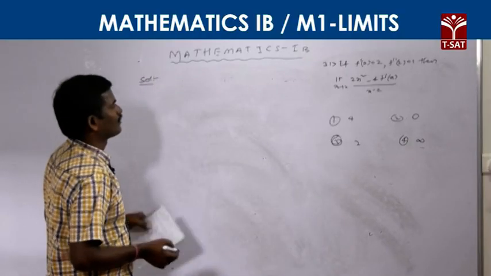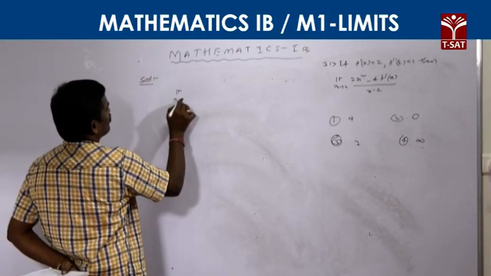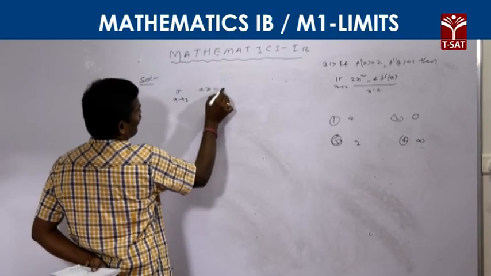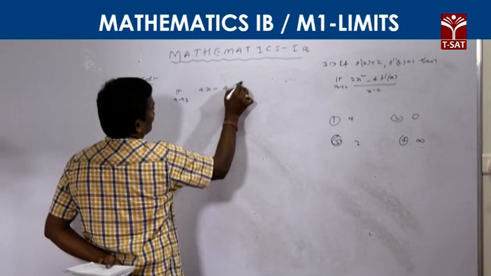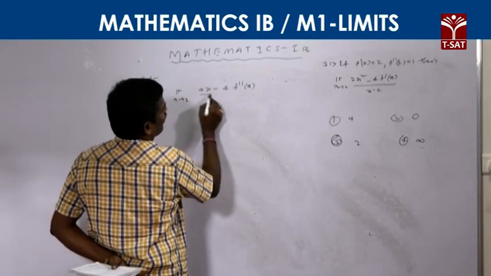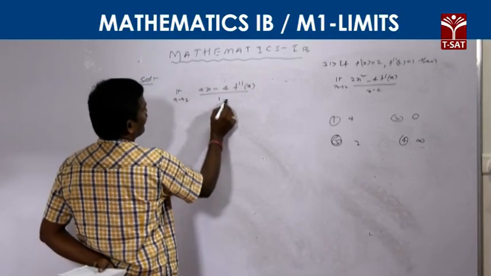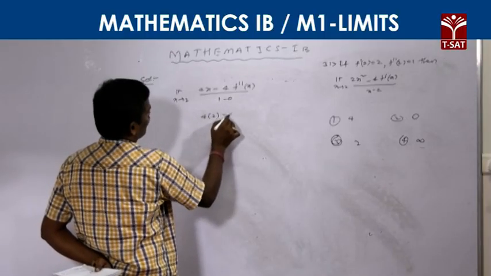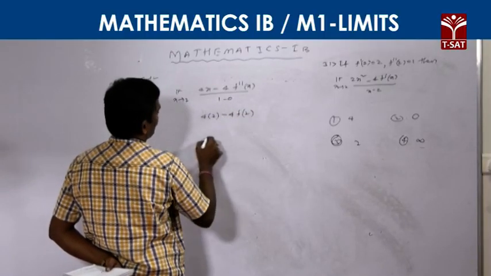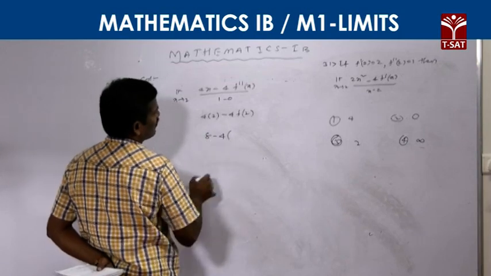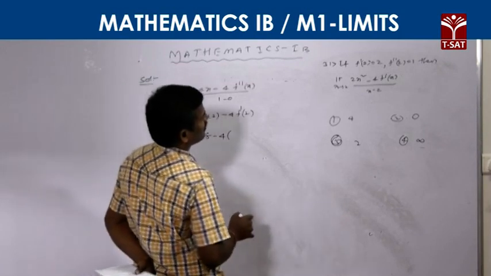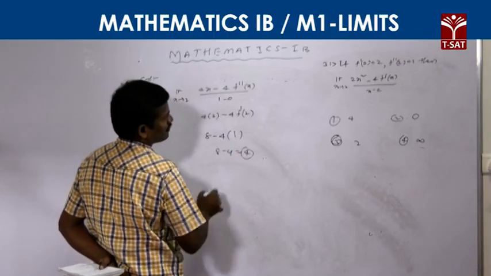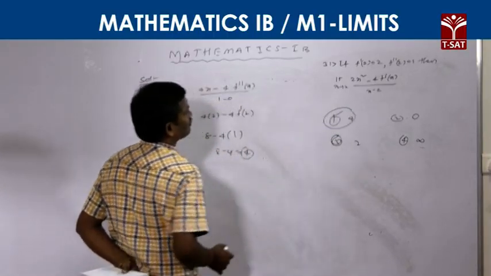Here also we can use L'Hospital's rule. The limit as x tends to 2, the derivative of 2x square is 4x, minus 4 into f double dash of x, by 1 minus 0. Substituting x as 2, we get 8 minus 4 into f dash of 2. Here f dash of 2 is 1, so 8 minus 4, that is 4. The answer is the first option.